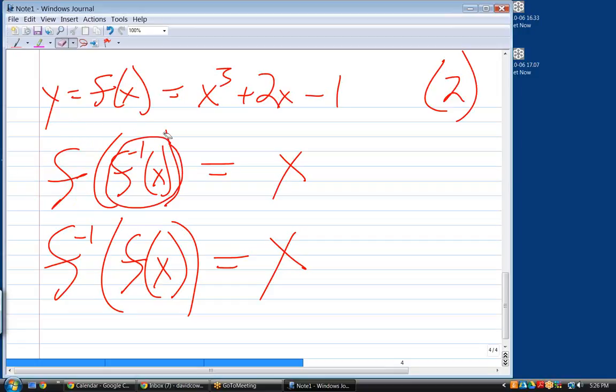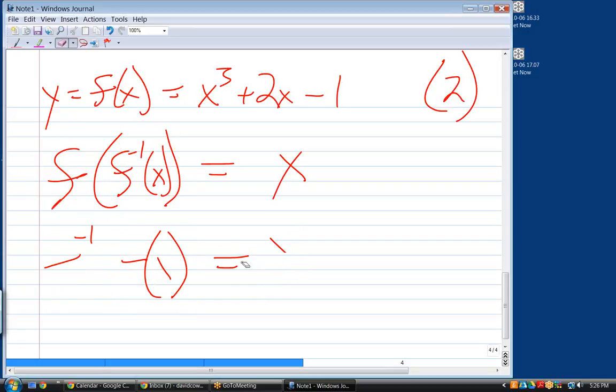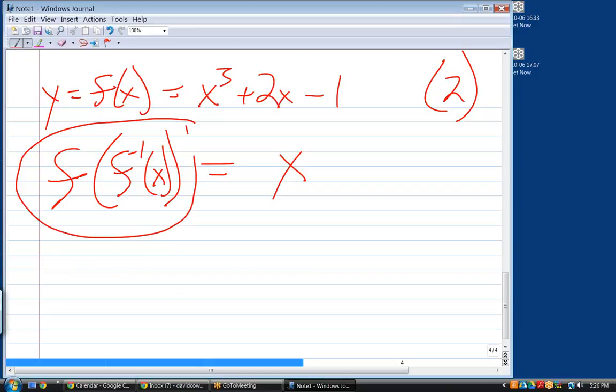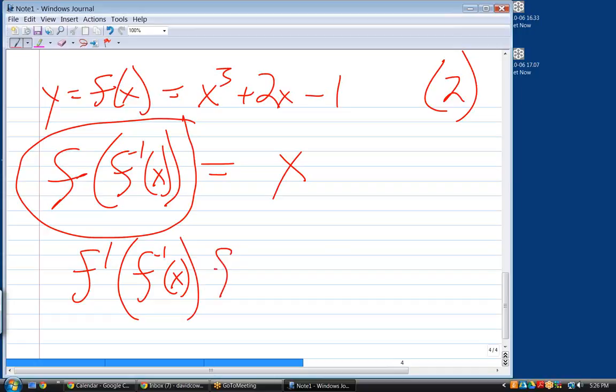Okay. So starting with that definition, differentiate both sides. Well, we're going to apply the chain rule to differentiate that. The chain rule is the derivative of the outside times the derivative of the inside. Wow, how do you write the derivative of the inverse?